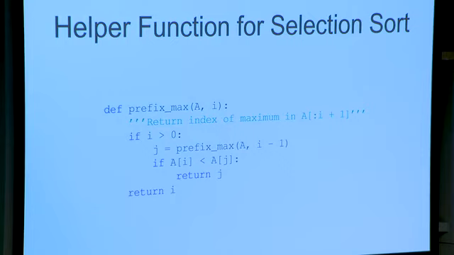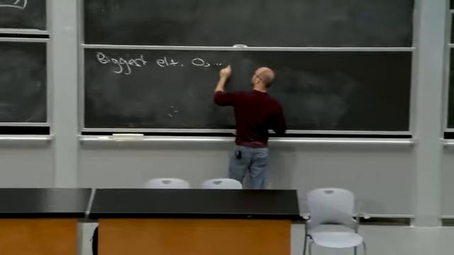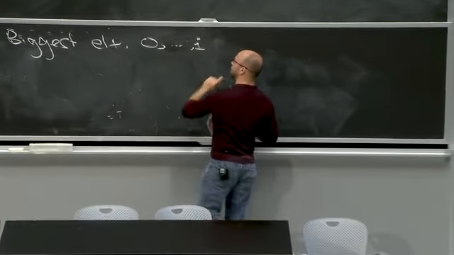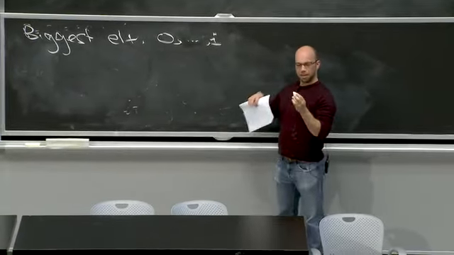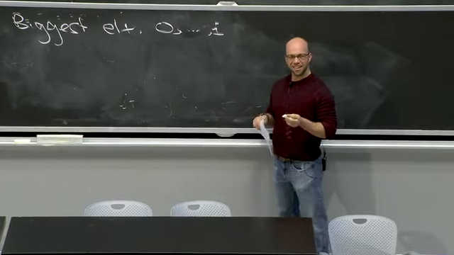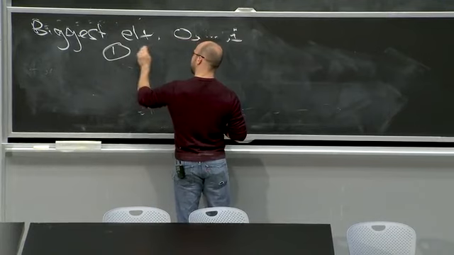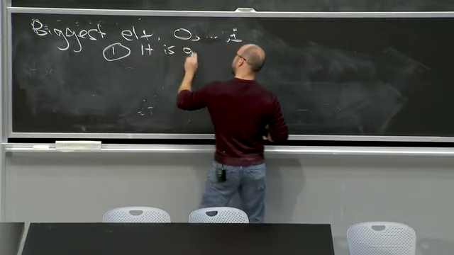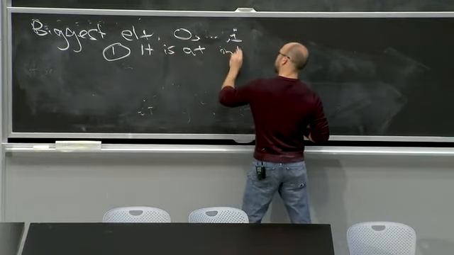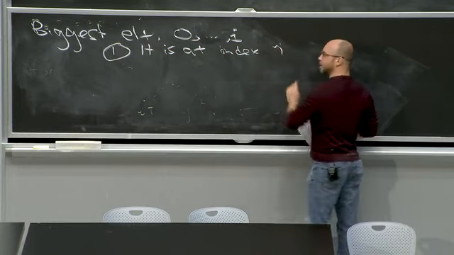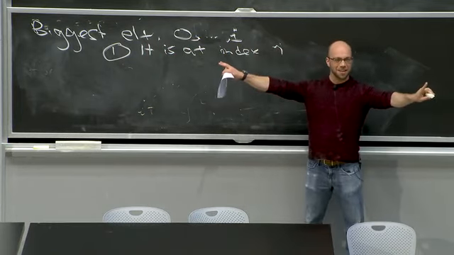Well, here's an interesting observation, really a deep one, which is that the biggest element from 0 to I, there's sort of two cases, right? Either it's at index I, meaning like I have the first 10 elements of my array.